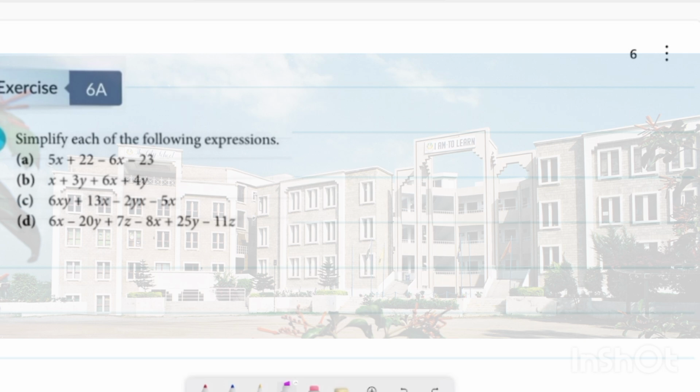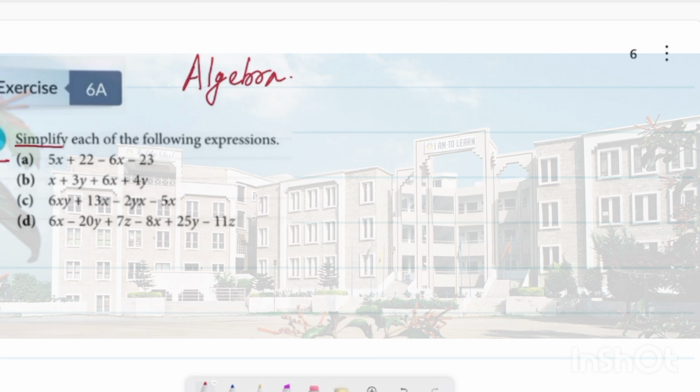In algebra, we'll be learning about the simplification of algebraic expressions. So, let's see question number 5, which says to simplify each of the following expressions. These are expressions. Why?